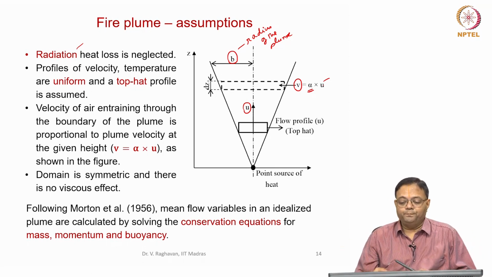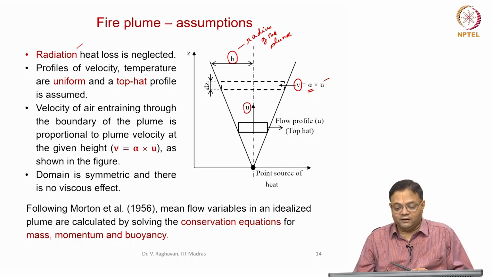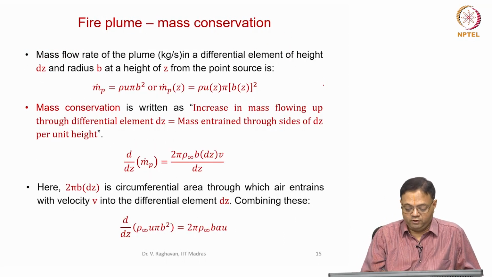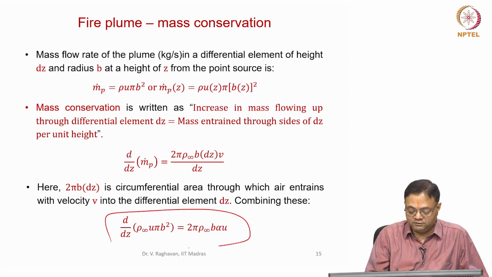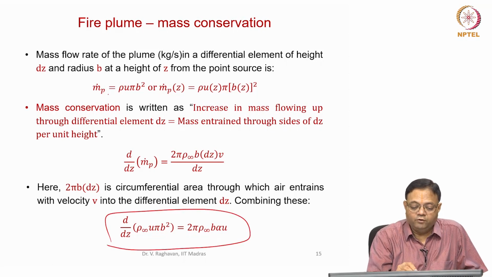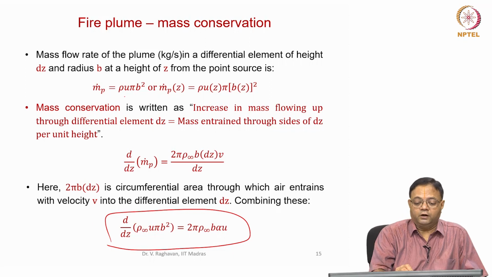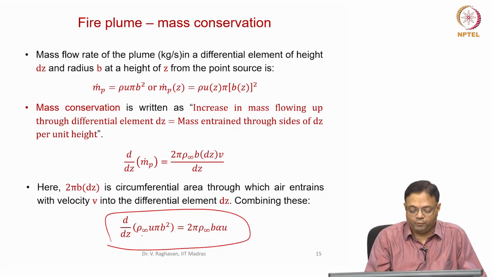So these are the assumptions we made, and then the conservation equations that we derived. For continuity, you can see that the mass flow rate is written as density rho, velocity u, into pi b square, the area. Now this rho, I have put as rho infinity, that is rho u is now taken as rho infinity u, and area is pi b square.